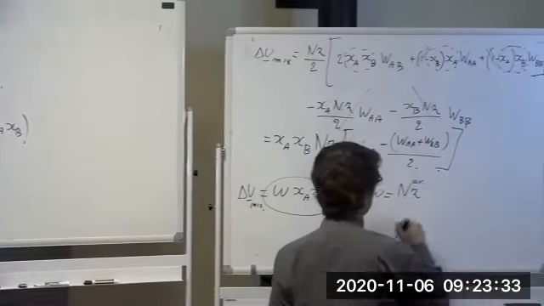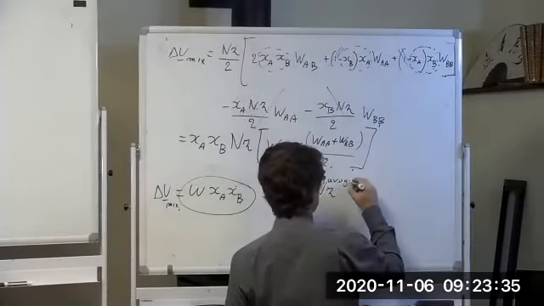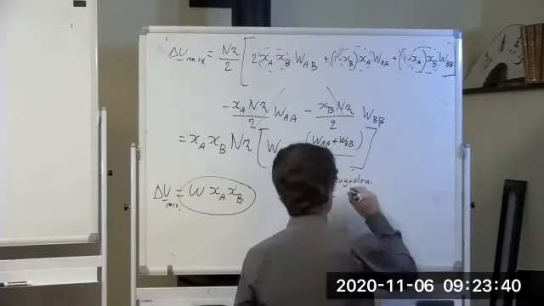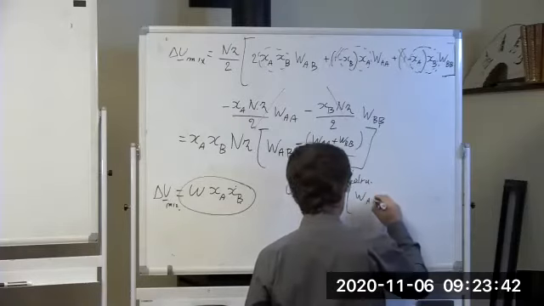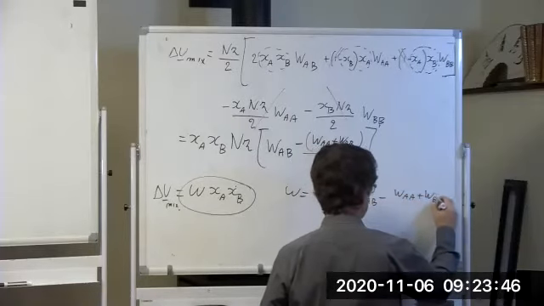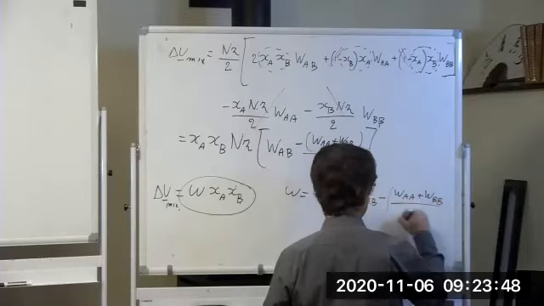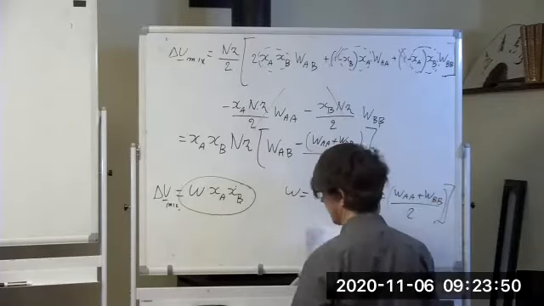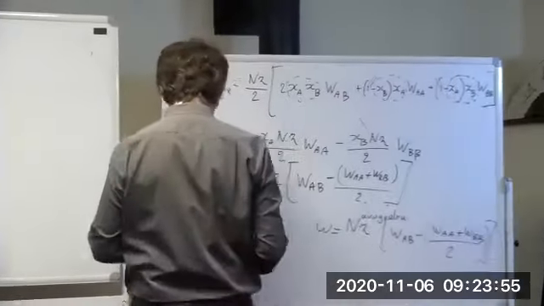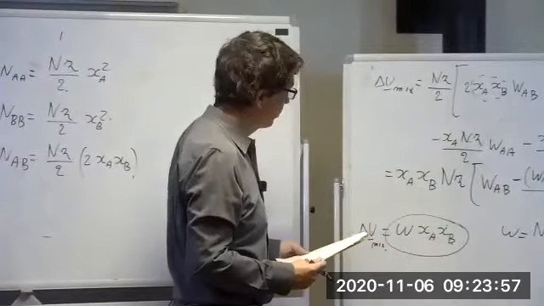So I take N now as N Avogadro times WAB minus the average of the AA and the BB bond energy. This is actually in the notes. It's also in the reading by Swalen, which I realize we have to put online.